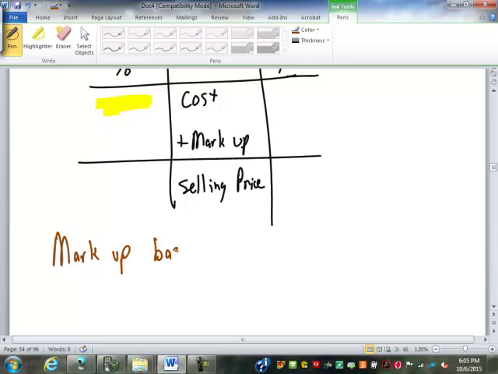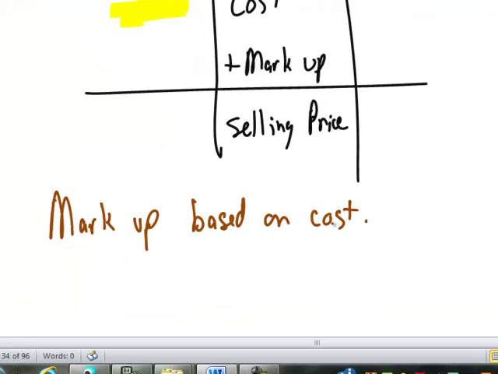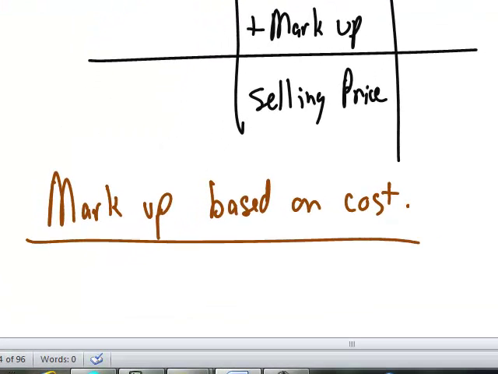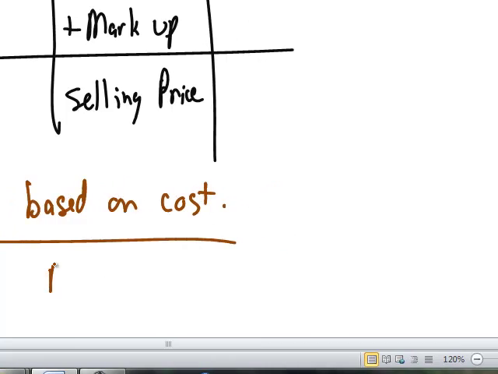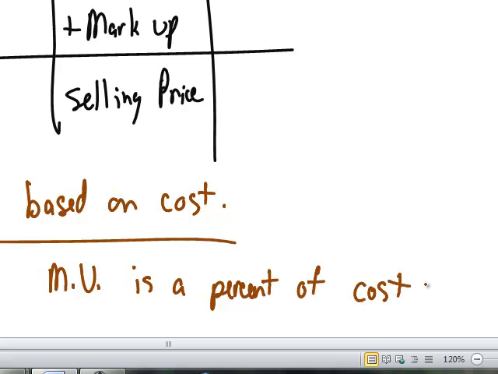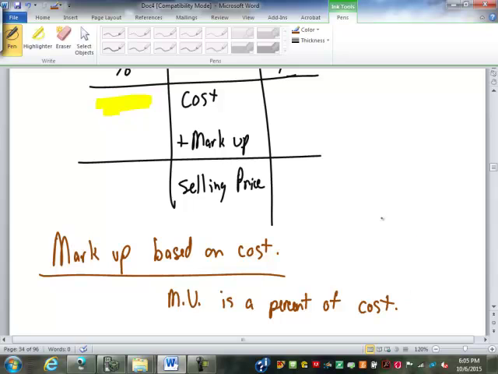Markup based on cost. What that means is the percent is figured as a percent of the cost. The markup is a percent of the cost. And in that case, the 100% is going to go with the cost.